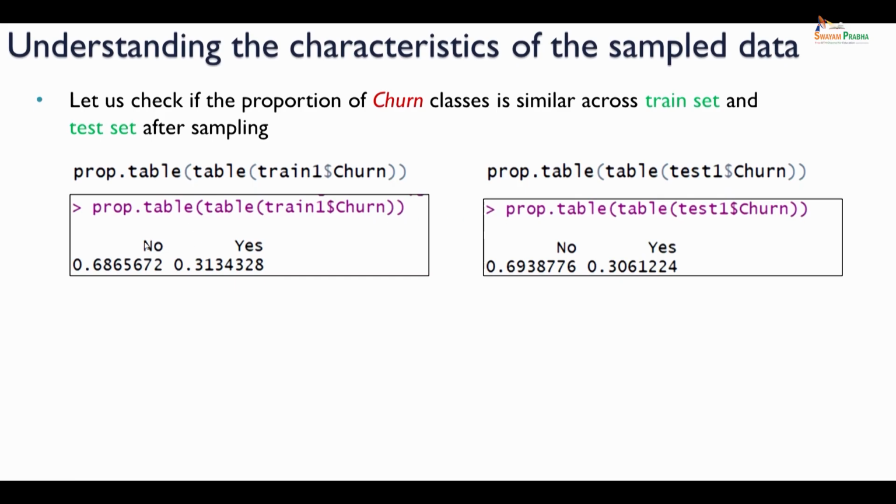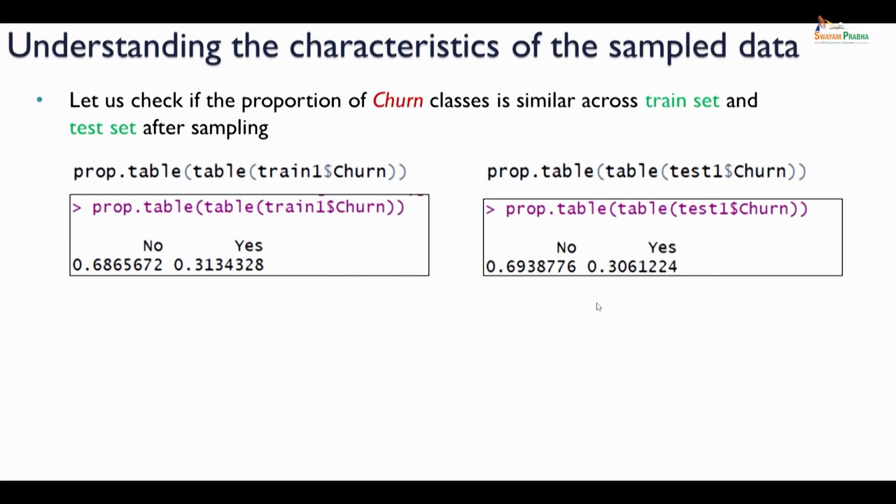Here your churn rate is such that about 69% are non-churners and 31% are churners, and here also you get the same, with 1% higher than train 1, similar to simple random sampling. The test proportion is not deviating much from train 1. So, both of them have similar proportions.